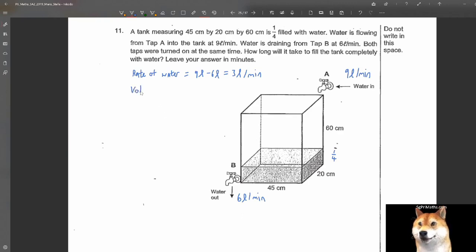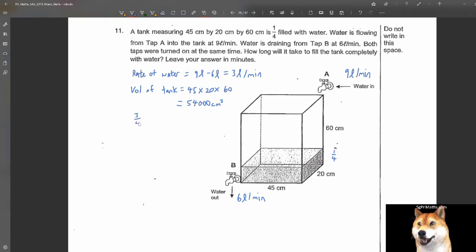So we can find the volume of the tank first, which is equal to the length times breadth times height, 45 times 20 times 60. That will give us 54,000 cm cube. Okay, then what's left for the tank to fill is 3/4.